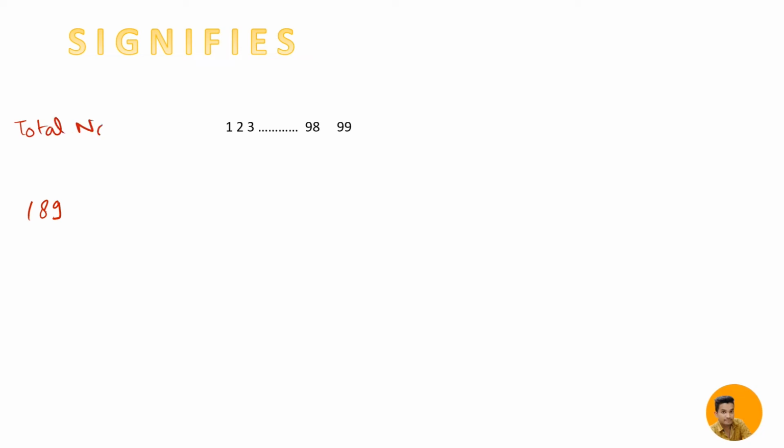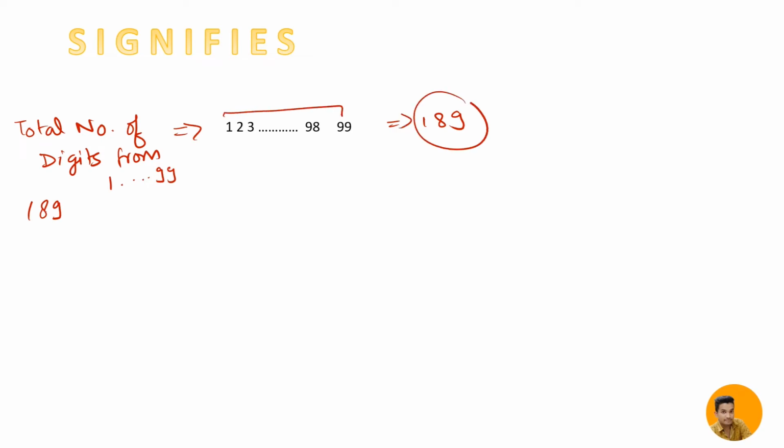Let's look clearly at what this 189 is saying and what it signifies. I am saying the total number of digits from 1 to 99 is 189.